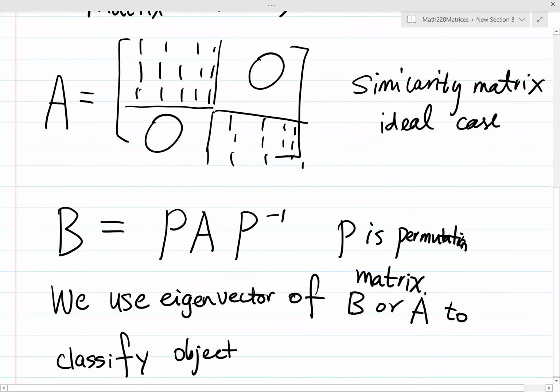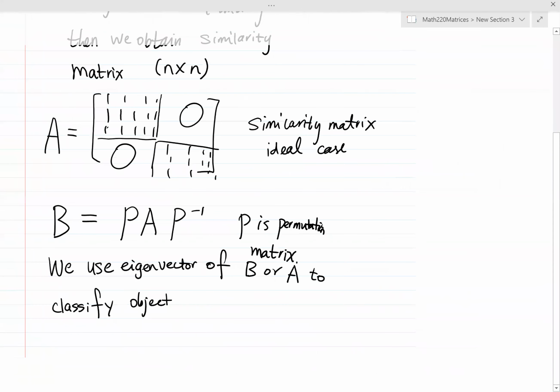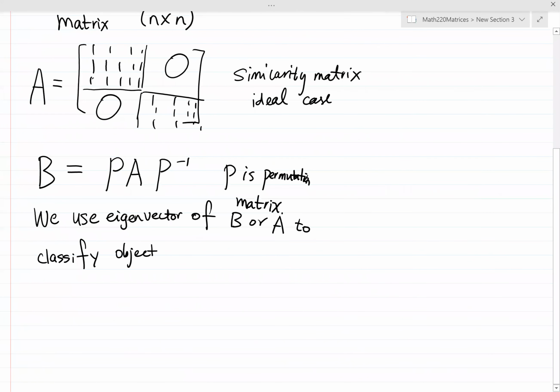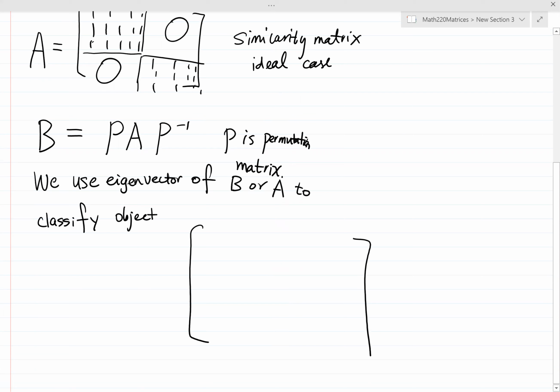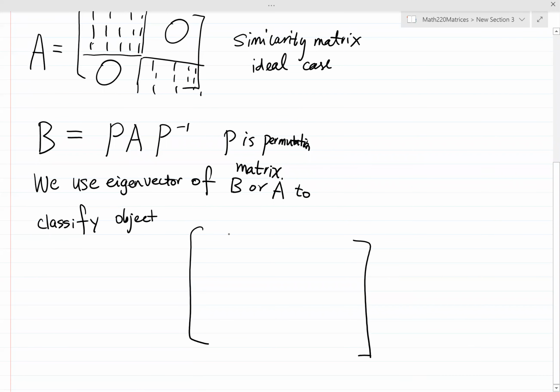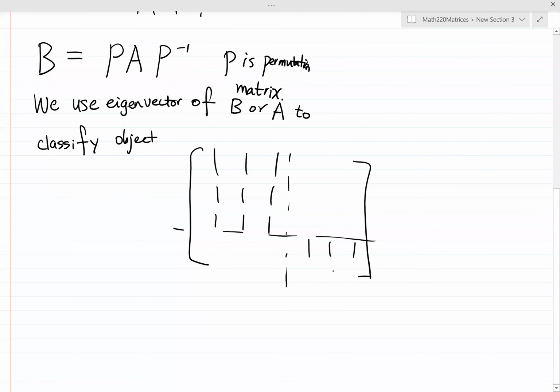Now this matrix A, you can easily find its eigenvalue and eigenvector. Let's just make it simple. The first three are similar, and the remaining three objects are similar, so we have six objects.